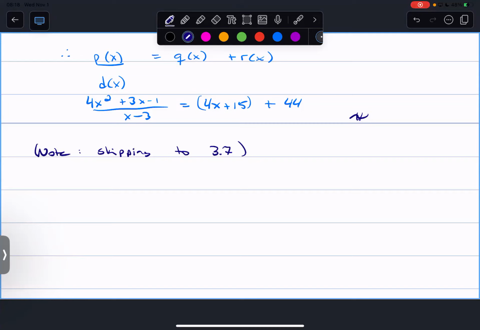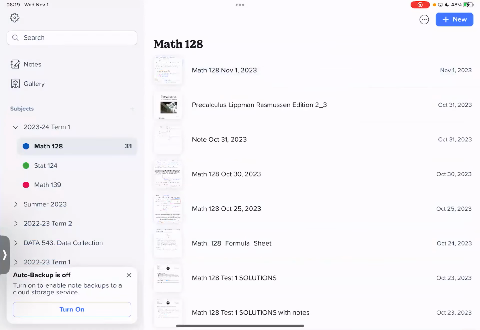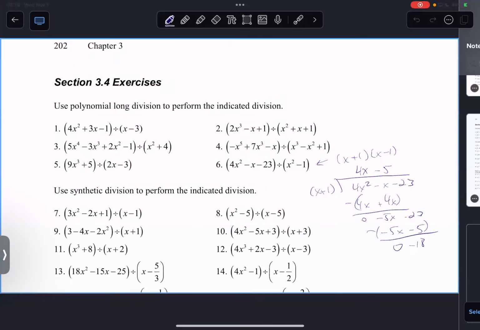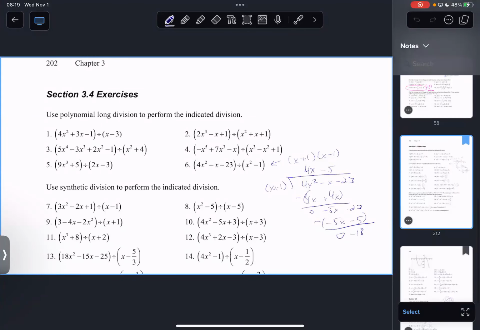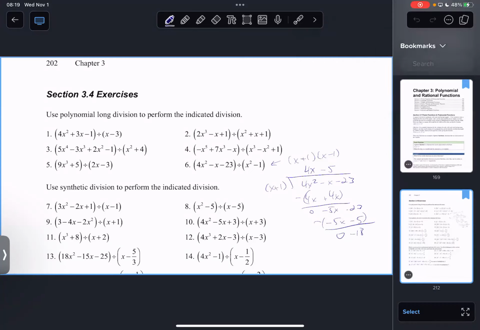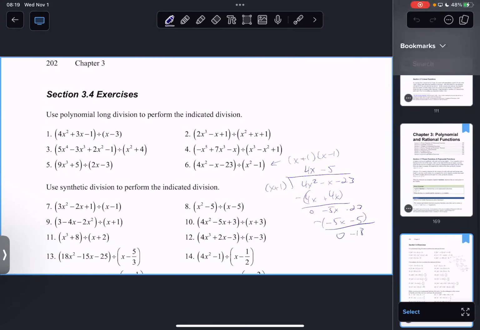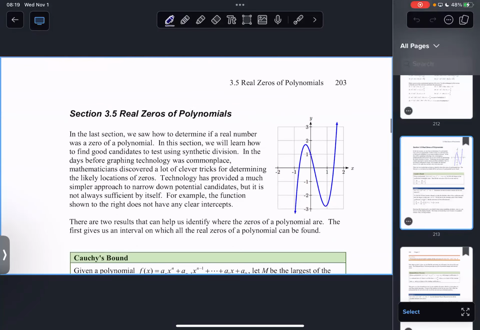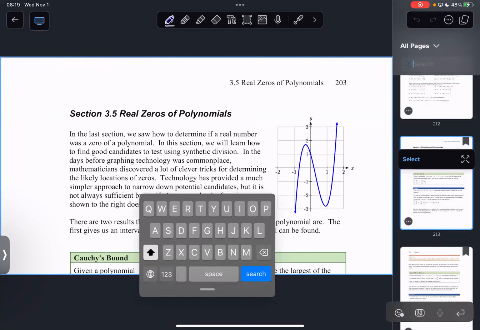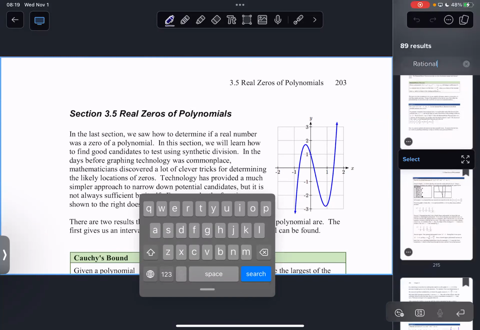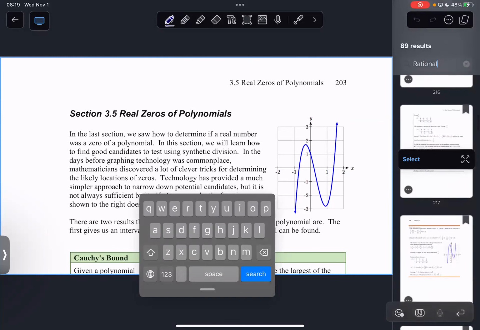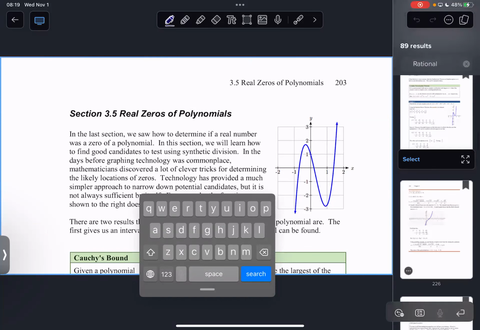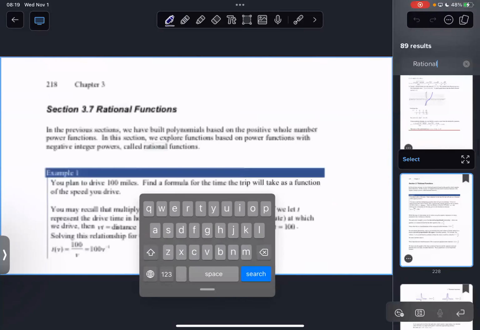What's 3.7 called, I wonder? And did I make a note on there? Because I do not want to be scrolling around forever. I didn't. How about bookmarks? Nope. Did not set myself up at all for anything good. Okay. Rational. Trying to remember. Ha.